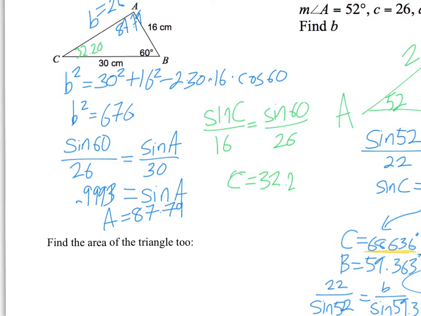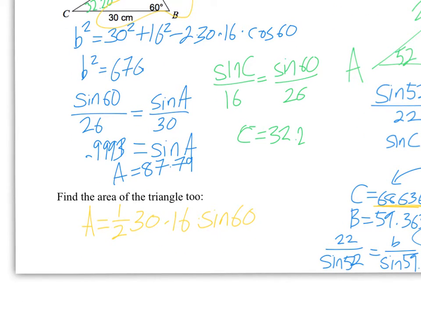Find the area of the triangle for the previous problem. I could just take the pieces that we had. We talked about area can be described as 1/2 times a side times another side times the sine of the angle between them.